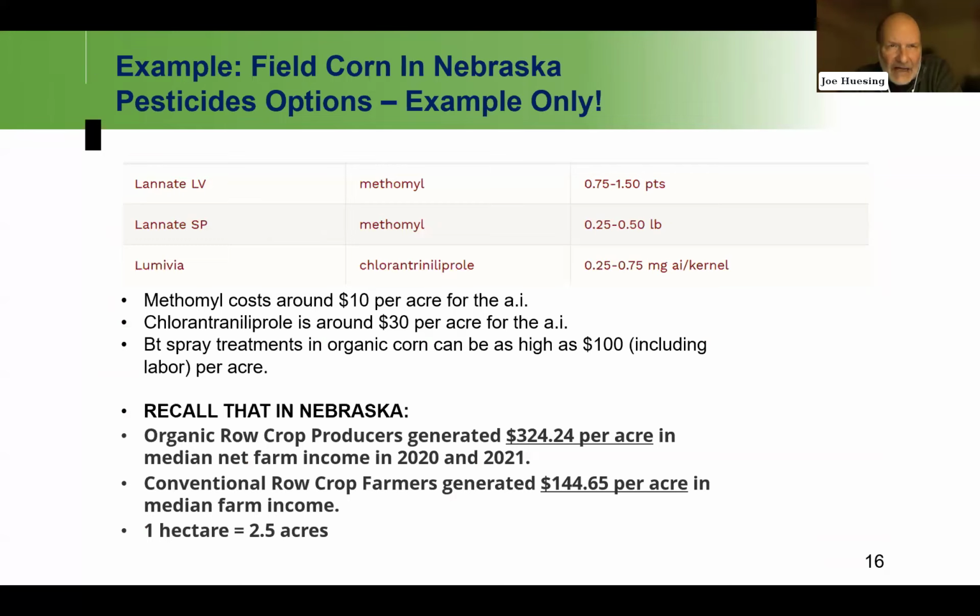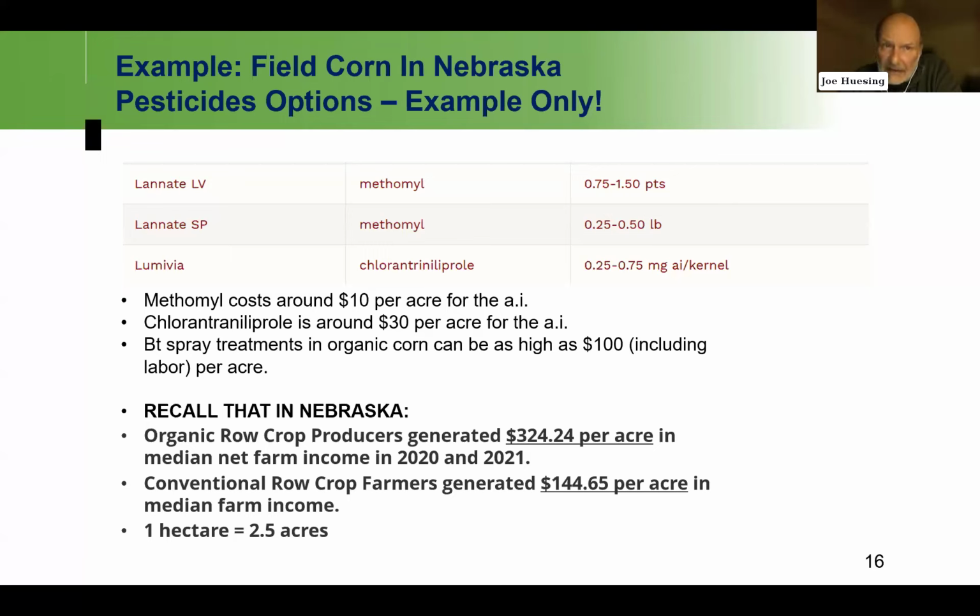So just to give you a sense as a practitioner how you would look at this, if I had a field in Nebraska with this level of infestation, in my mind, the calculus would be, well, I could treat this with methomyl. That's around $10 per acre. I could have treated it with chlorantraniliprole, a seed treatment. That's around $30 per acre.